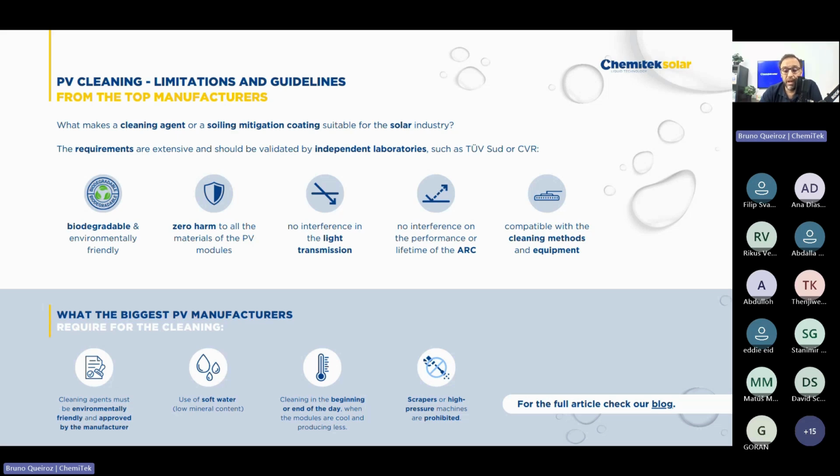Anti-reflective coatings can be quite soft, quite brittle, so it's quite risky. But the main reason is you may blow off a seal while using a high pressure machine, which will lead to water ingress and then corrosion, delamination. Once you blow a seal on a module, it's done. It's a question of time until the module is dead, and it can be a fire hazard, especially.